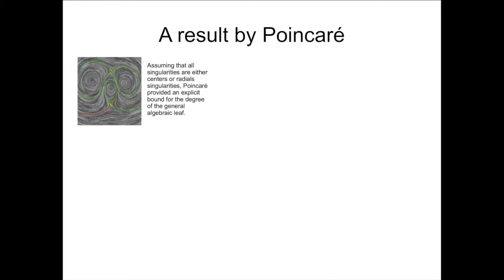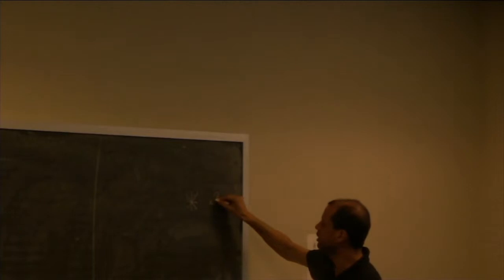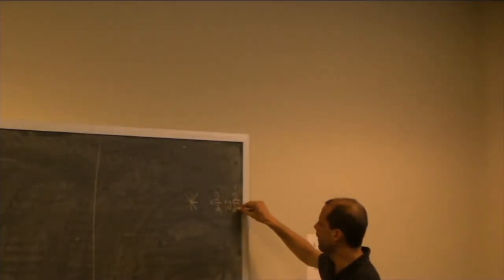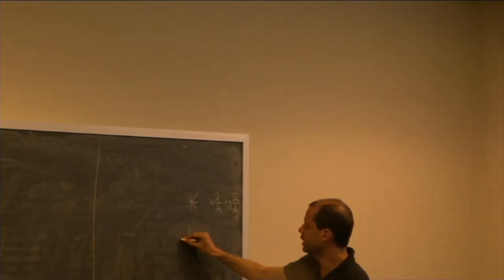So he assumed that all singularities of the differential equation are either of radial type, I mean that the vector field is locally x d/dx plus y d/dy, or they are what we call centers.